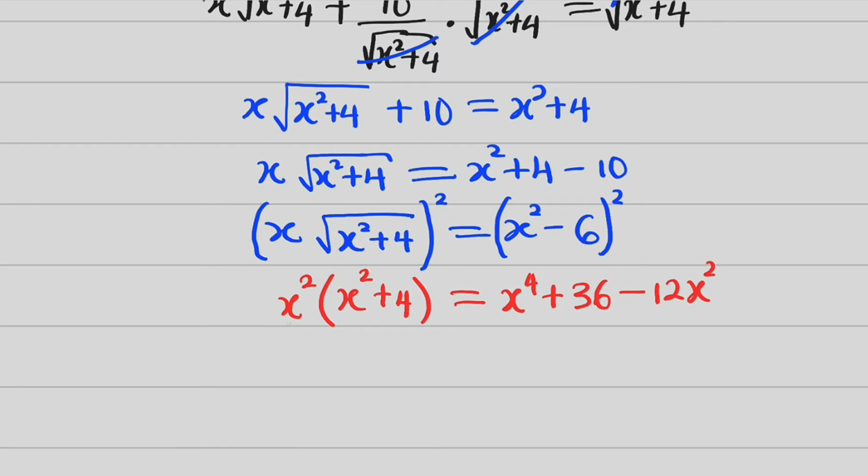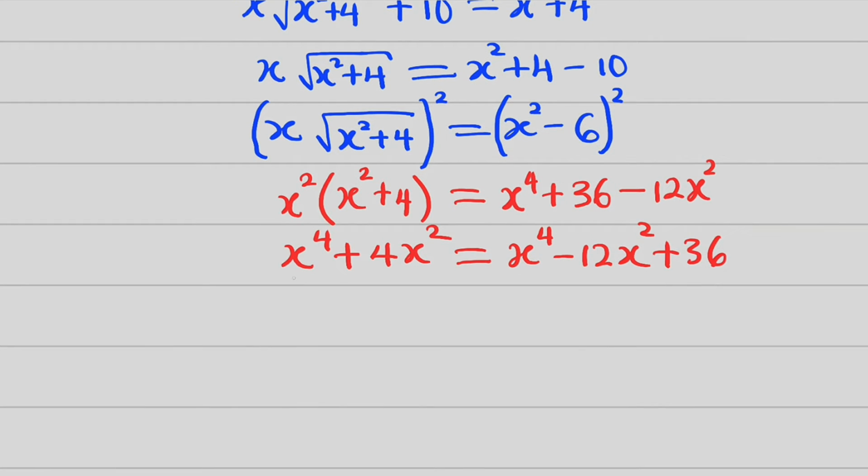Let us expand. This multiplied by this is x power of 4, plus this multiplied by this is 4x squared. To the right we have x power 4 minus 12x squared plus 36.